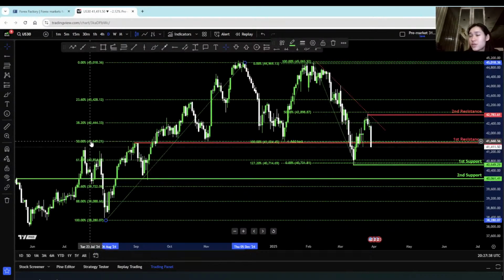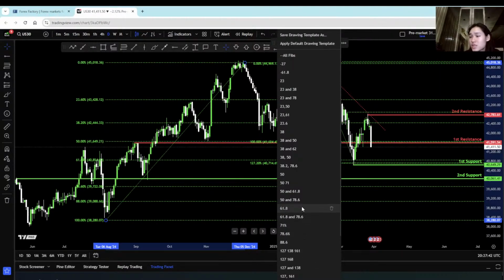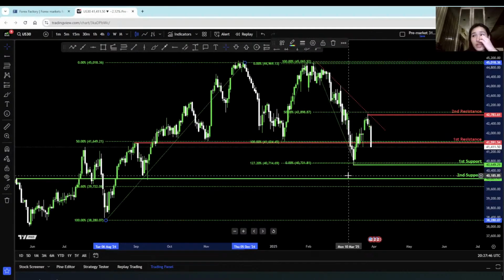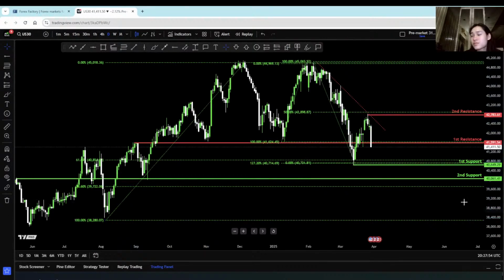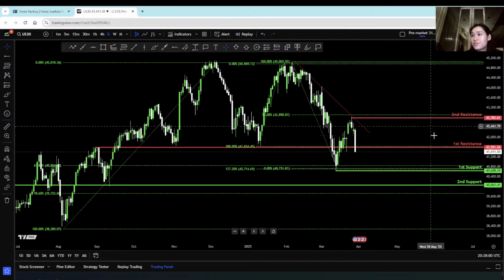Yeah, so even though again the 50% does line up with our first resistance, we can't use it, because price has already broken out of that. You can see here. Whereas over here, price is still reacting off that first support.